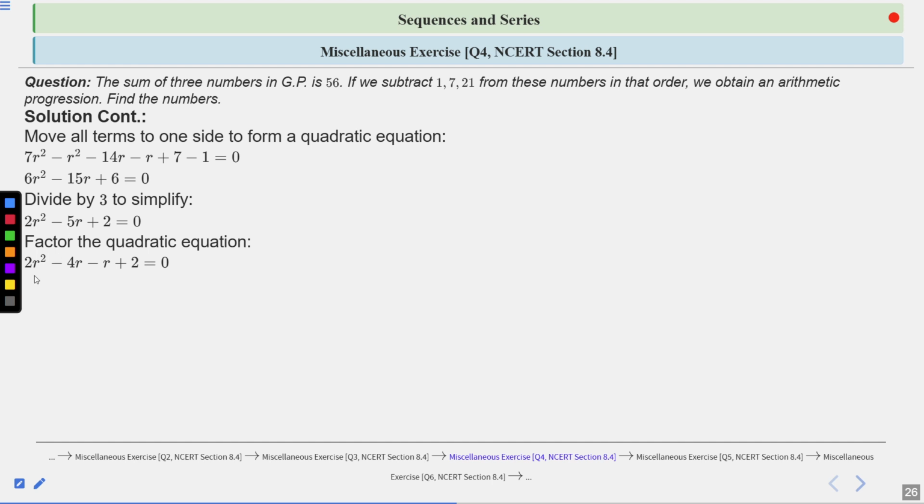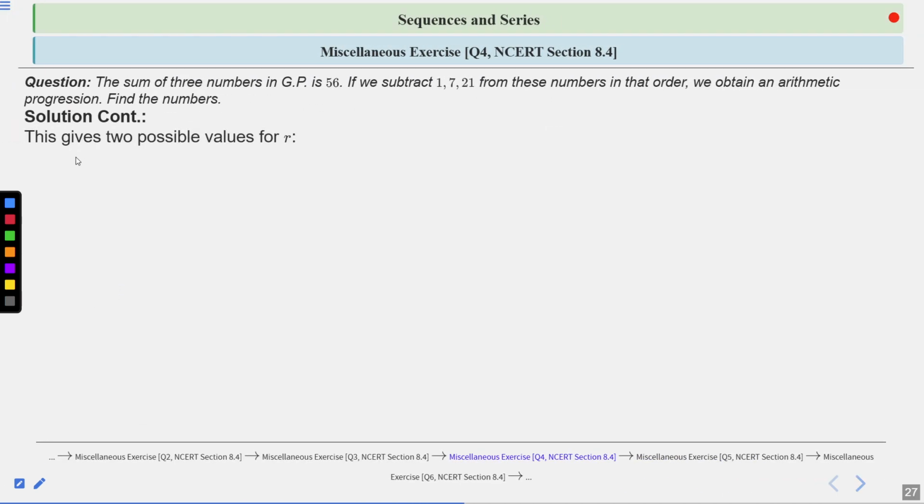The equation can be written as 2r square minus 4r minus r plus 2 equal to 0. Now we take 2r common from the first two terms, like 2 times r minus 2 minus 1 times r minus 2 equal to 0. Here we get 2r minus 1 into r minus 2 equal to 0.